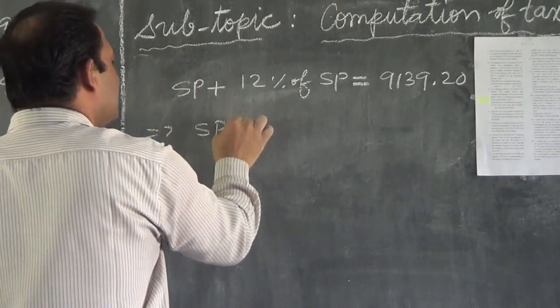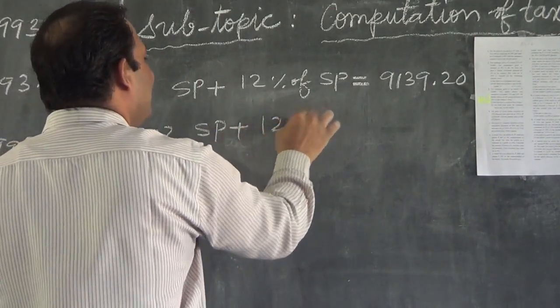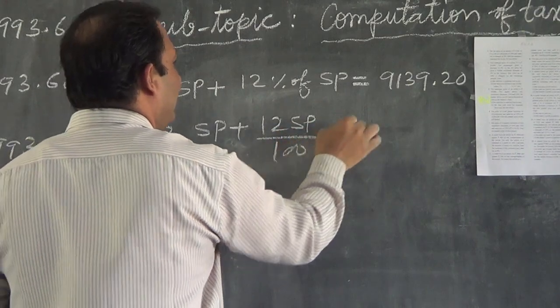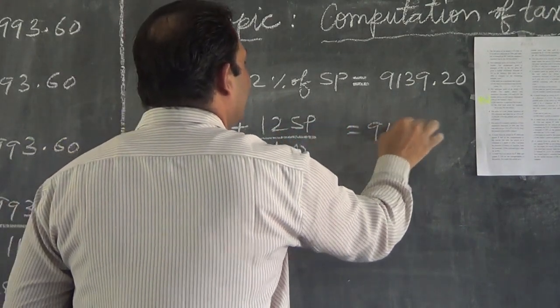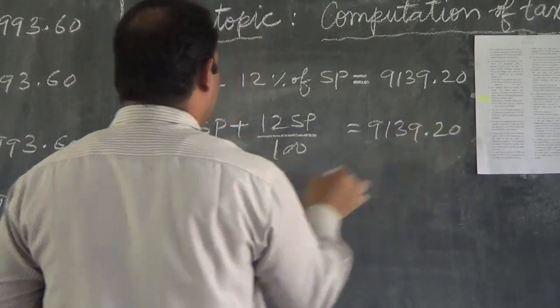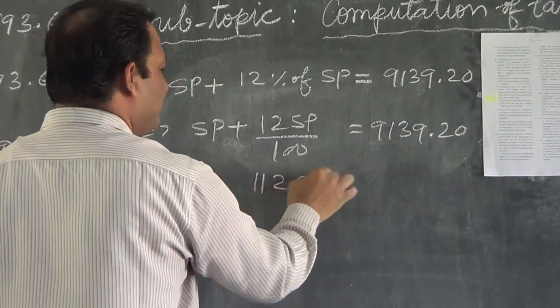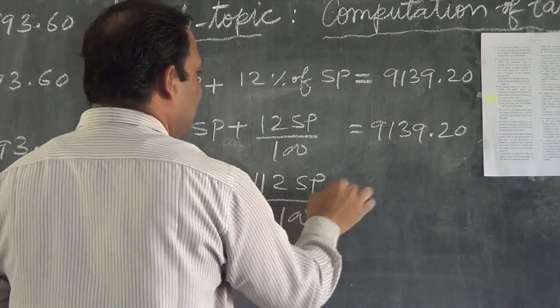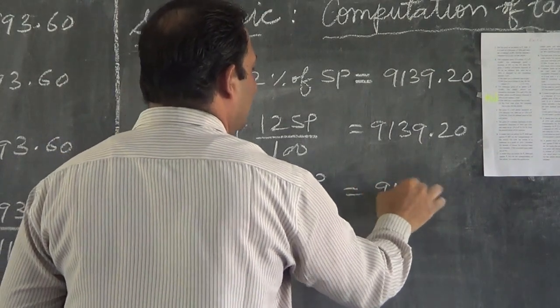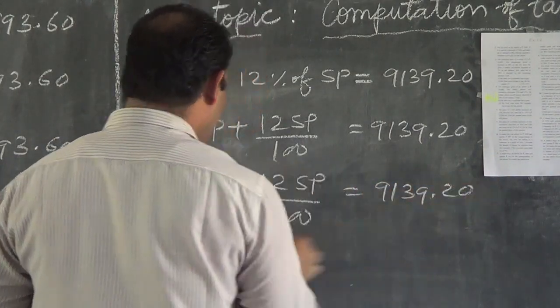SP plus 12 SP by 100 equals 9139.20. 112 SP by 100 equals 9139.20.